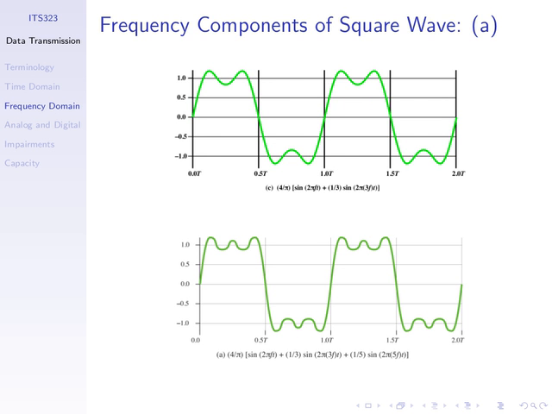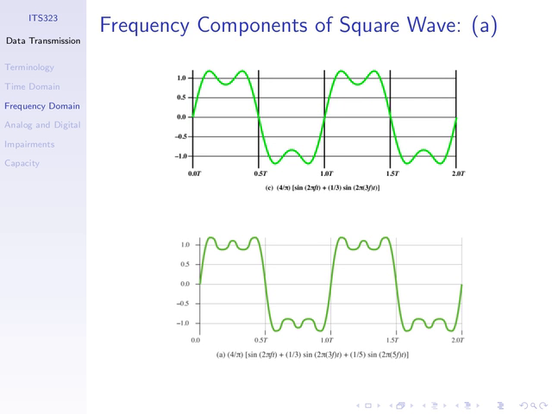If the frequency is 1 megahertz, the period is 1 microsecond. Identical to this, frequency 1 megahertz, period 1 microsecond. 2 bits in 1 microsecond gives us a data rate of 2 megabits per second. We haven't changed the data rate. These two signals, same fundamental frequency, 1 megahertz, same data rate, 2 megabits per second.